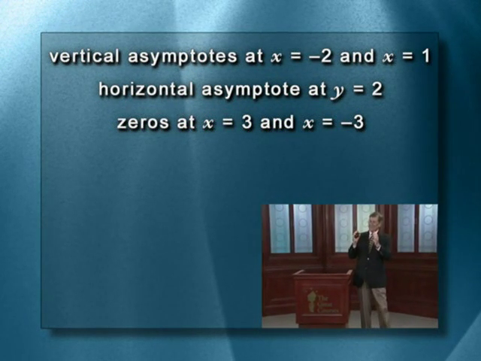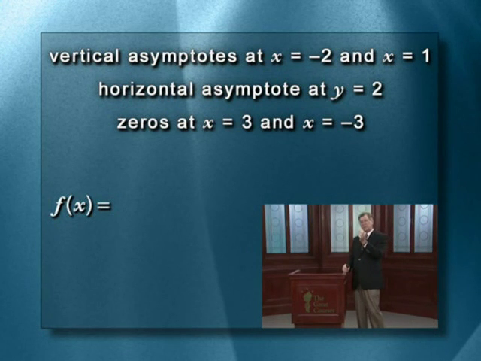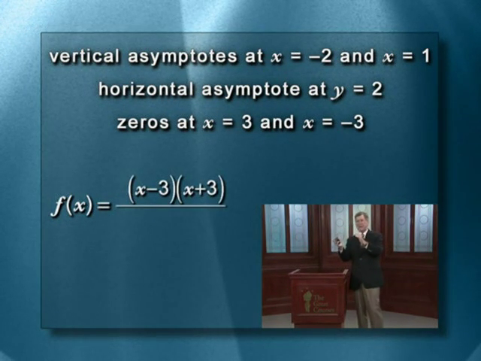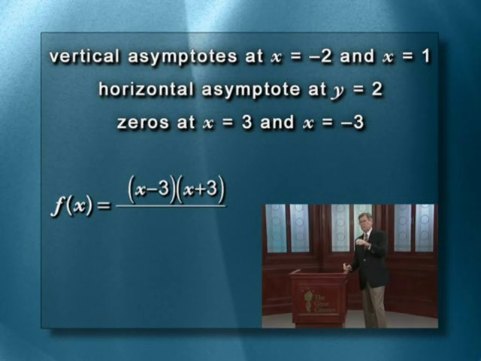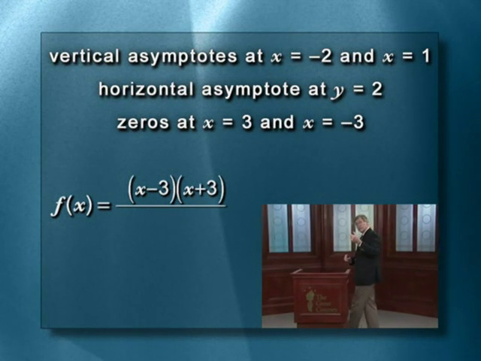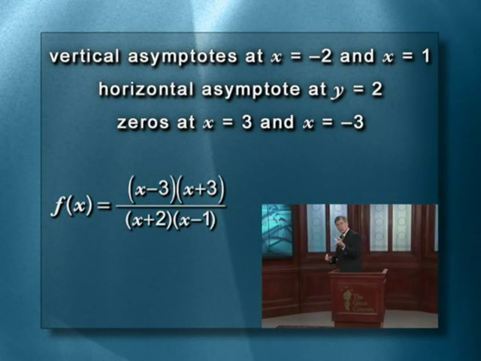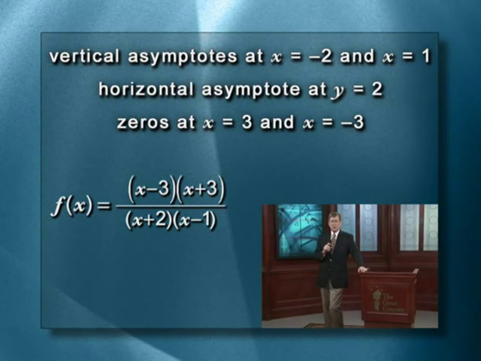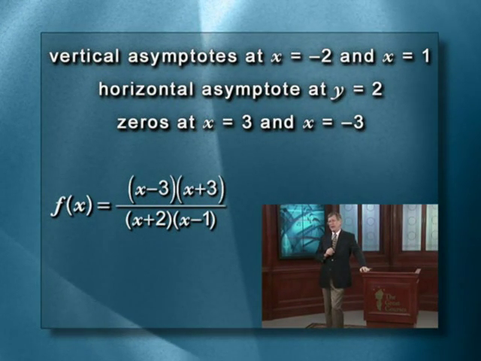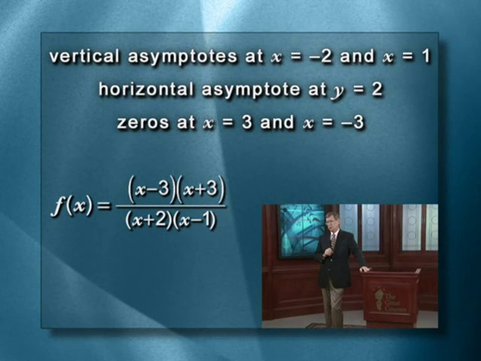Well, let's build it. It has zeros at 3 and -3, so in the numerator, we have to have an x minus 3 and an x plus 3. We want those vertical asymptotes at -2 and at 1, so the denominator needs to have an x plus 2 and an x minus 1. Now there's one more feature, horizontal asymptote at y equals 2.